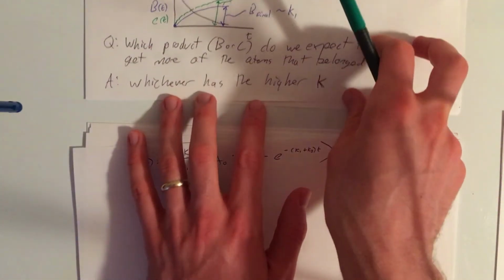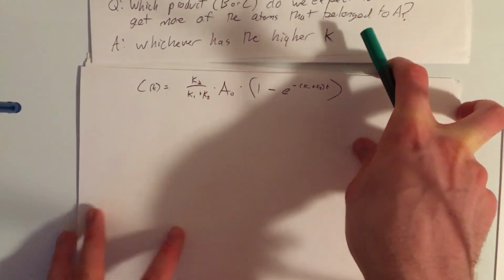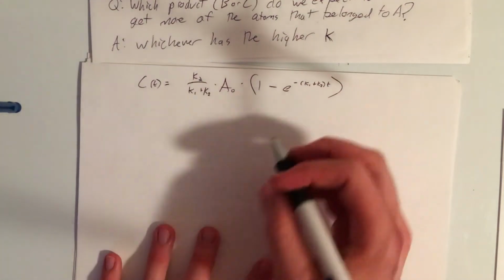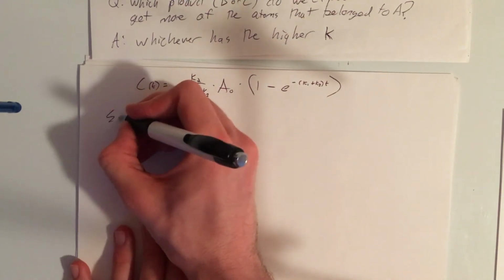So how can we quantify that? We had a couple of different strategies for quantifying how successful a reaction was, and one of the ways we talked about was selectivity.